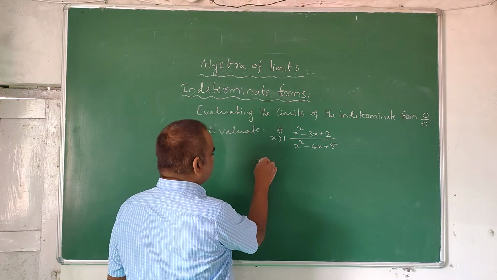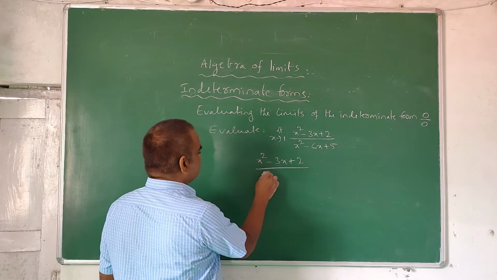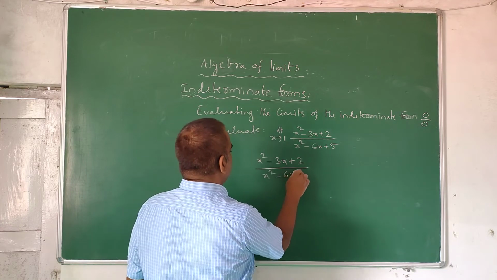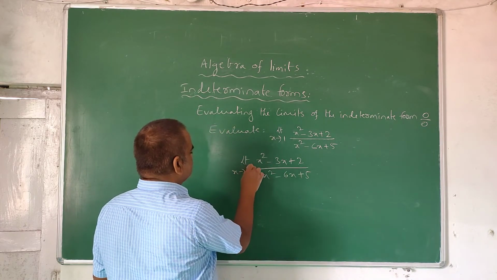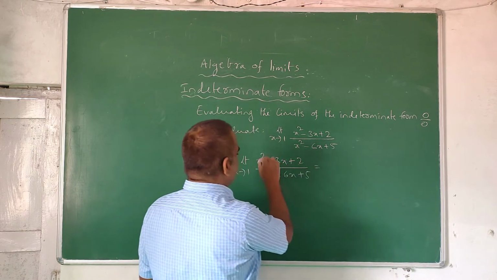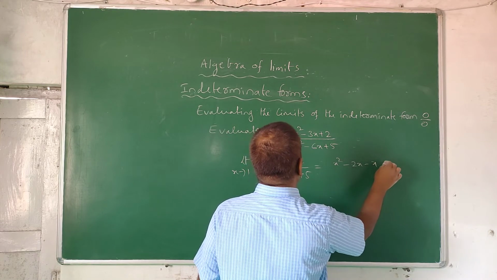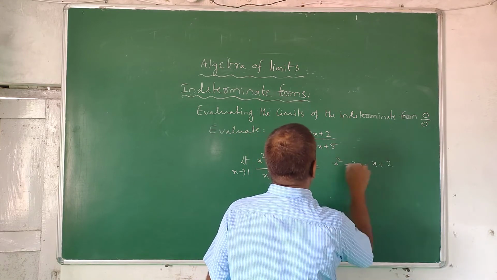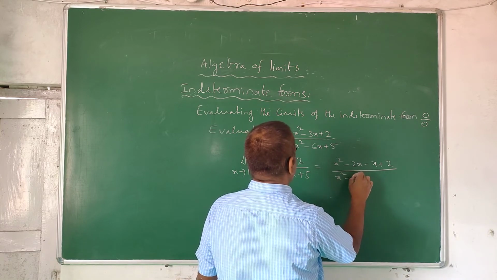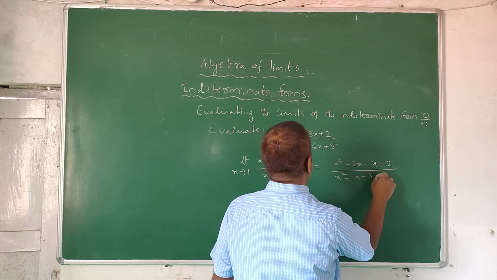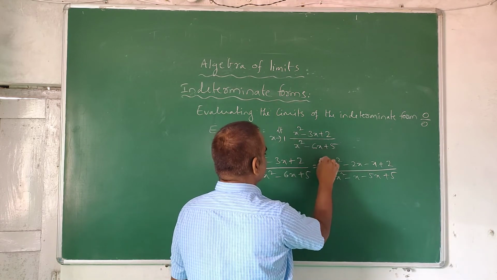Now take x square minus 3x plus 2 by x square minus 6x plus 5 as limit x tends to 1. Now you go for factorization by splitting the middle term: x square minus 2x minus x plus 2 by x square minus x minus 5x plus 5, as limit x tends to 1.